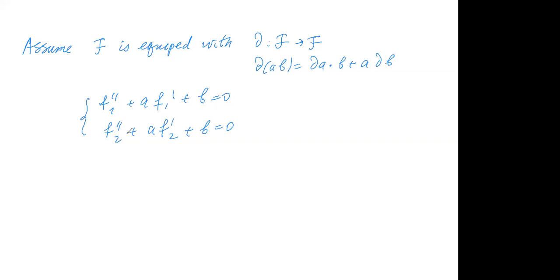It is convenient to write it down in terms of a system. Then we can consider the following change of variables: Fi goes to Fi tilde equal to Fi times h for a certain h, or h times Fi.